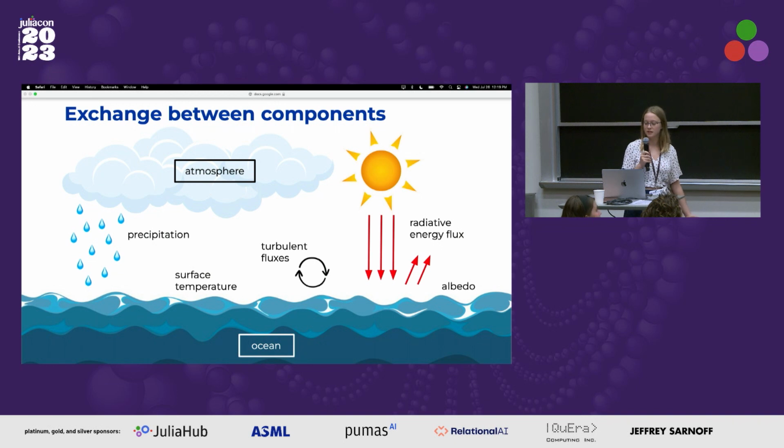Now I'm going to go into each of these challenges a little bit more in detail. The first is this exchange between component models. Here I have a diagram showing a simple atmosphere model and an ocean model and just some of the quantities that are involved with these different models. We have some quantities that are computed internally to each of the models. For example, precipitation. This is a quantity that will be computed inside of the atmosphere model, but at some point this precipitation is going to move through the atmosphere and hit the surface of the ocean.